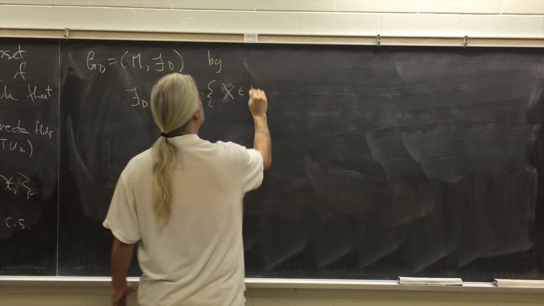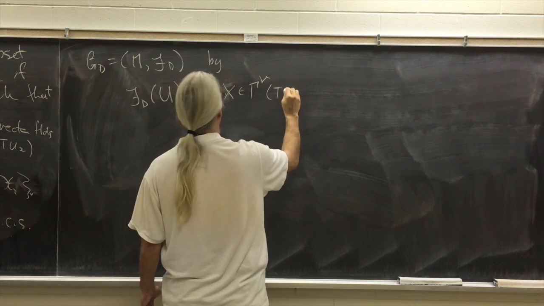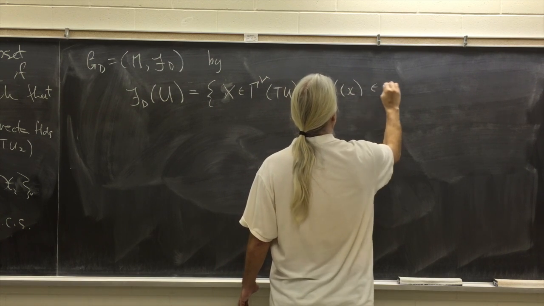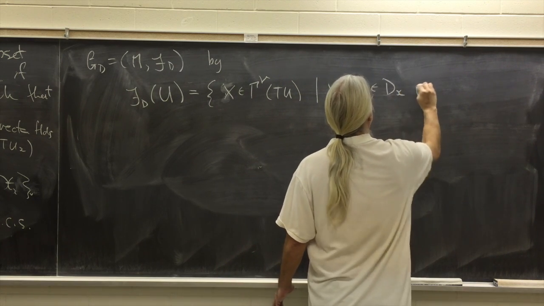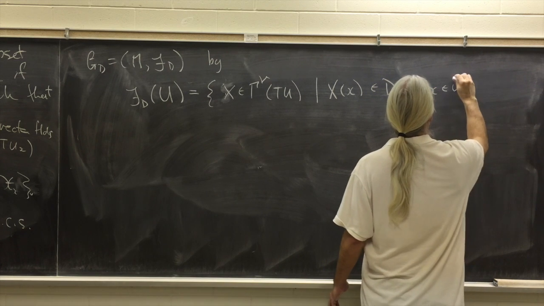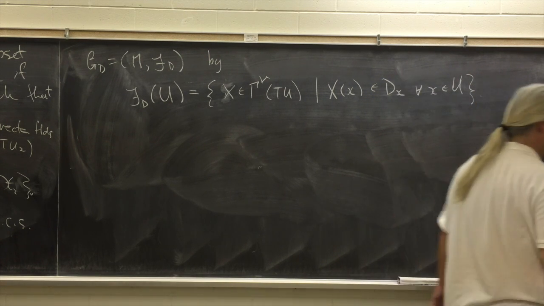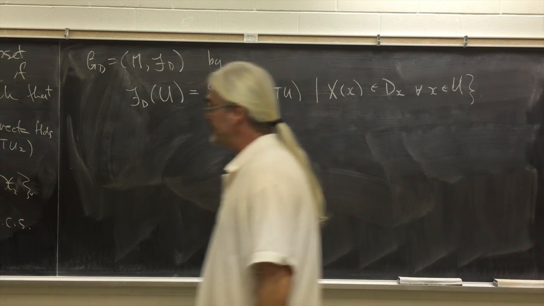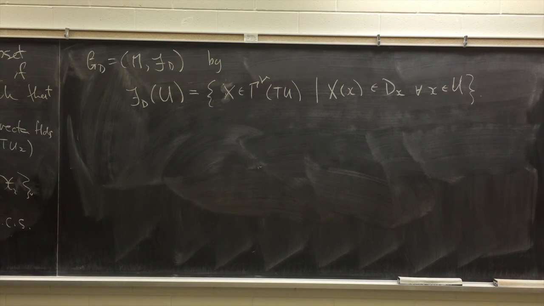It's vector fields of class C new on U such that X sub x is in D sub x for every x in U. So this is very much similar to our differential inclusion construction. And really here, of course, we have a differential inclusion, and the differential inclusion is just this subspace D sub x at every point.